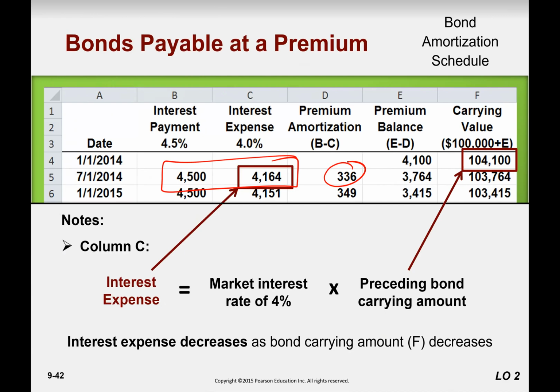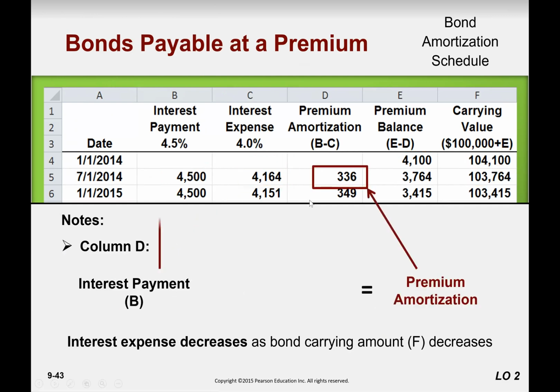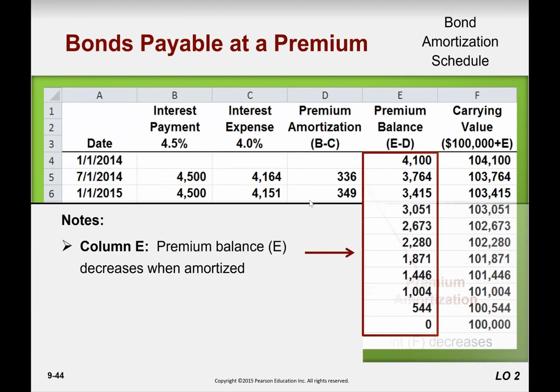So 336 is going to be less from 4,100 and also less from the bond carrying value. So this premium amortized, right? And the value is going to be decreased from the preceding book value or preceding value of the bond.